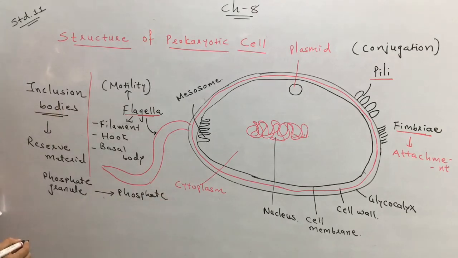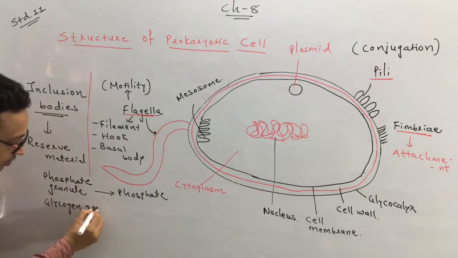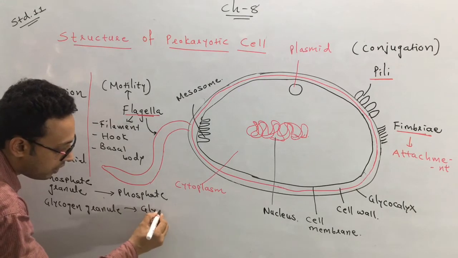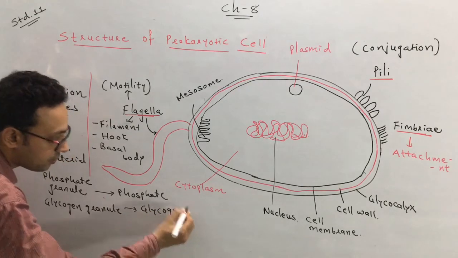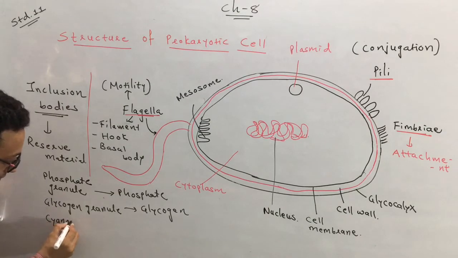The second one is an easy one, the glycogen granule. What does it store? It stores glycogen. Another one is the cyanophycean granule.